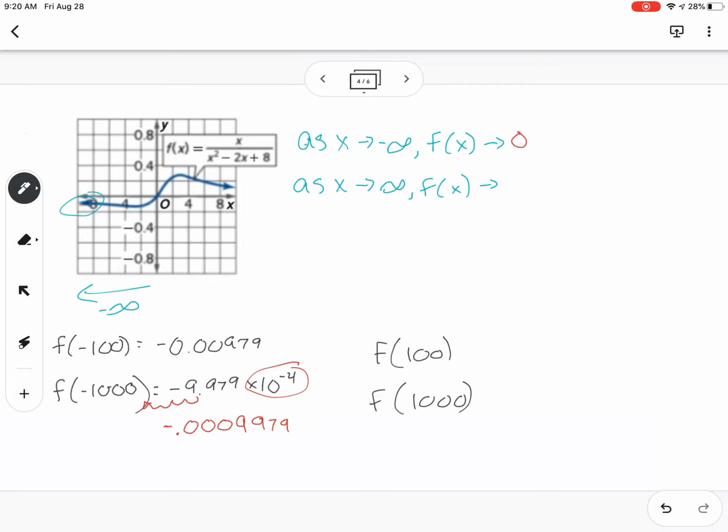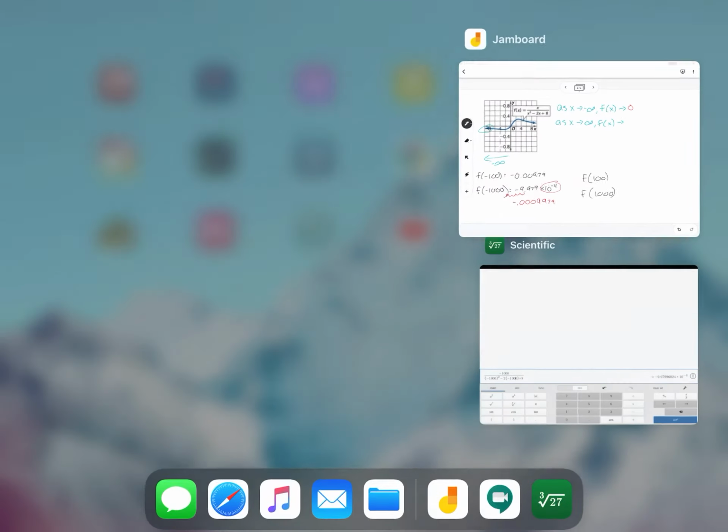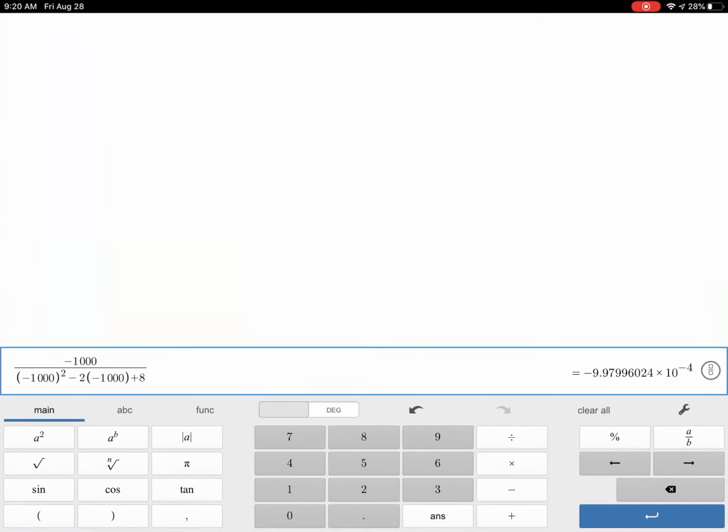So I'm going to go back to my Desmos. I never pushed enter, so I can still edit this. I'm just going to get rid of all the negatives. Here's 1,000, so you want to jot that down. And then we want to do it for 100.